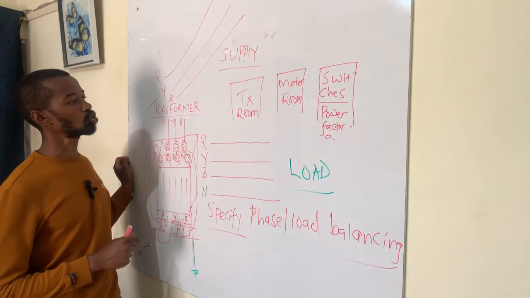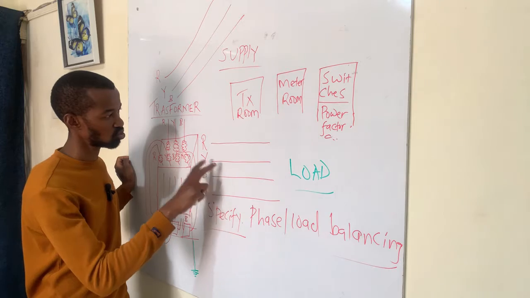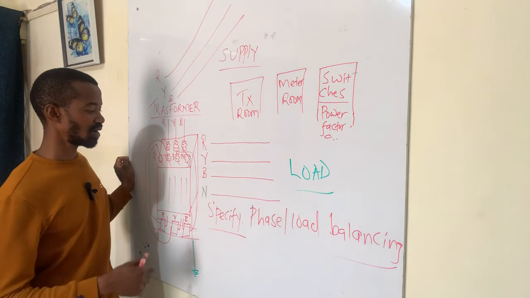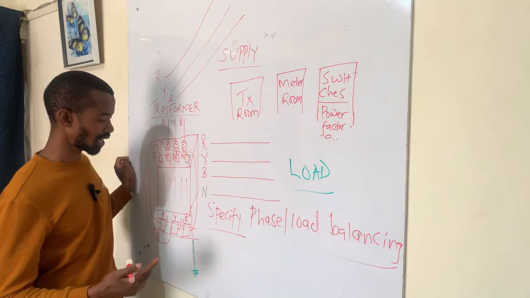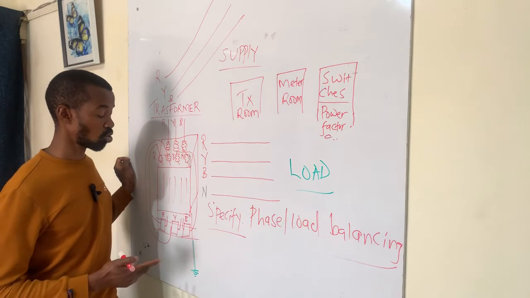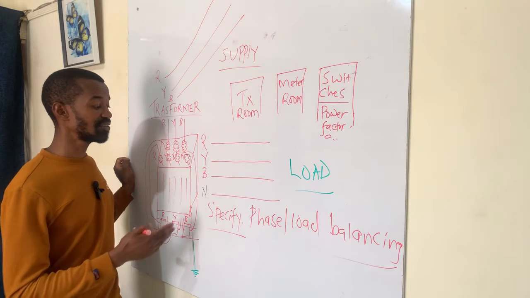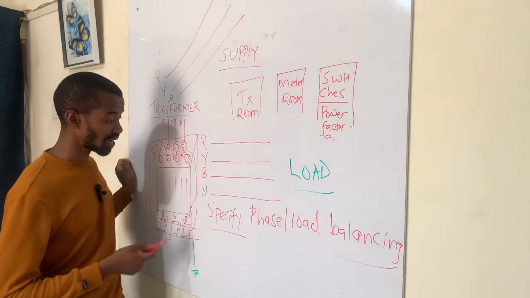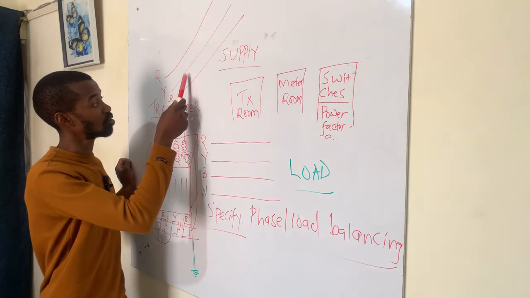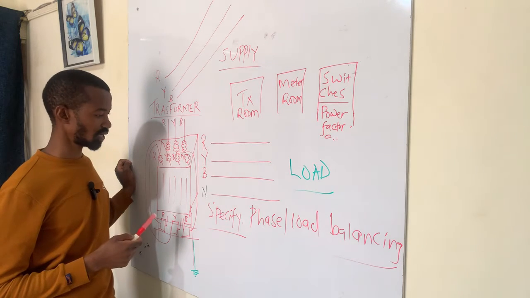So you will also have this three-phase connection, together with the neutral, being supplied to another investment, or another building, or probably an industry, or not really an industry, but an investment whereby this person requires three-phase supply, but not as heavy as compared to the one who will require only the three-phase connectivity.